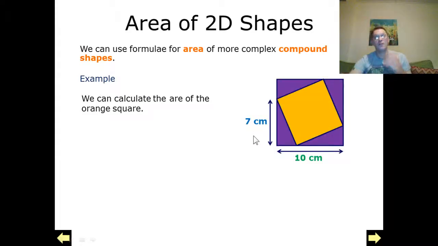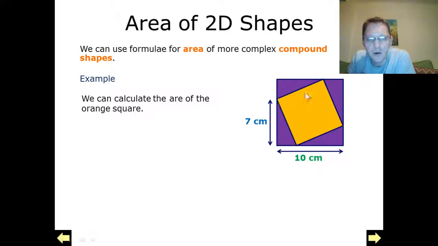Now, a bit more of a complex question that we could end up having to solve is to calculate the area of this orange square. Now, some people might be looking at this and thinking, "Oh, this looks really complicated." But let's break it down. We've got a big square here, which is 10 centimeters by 10 centimeters, and we've got a square on the inside.